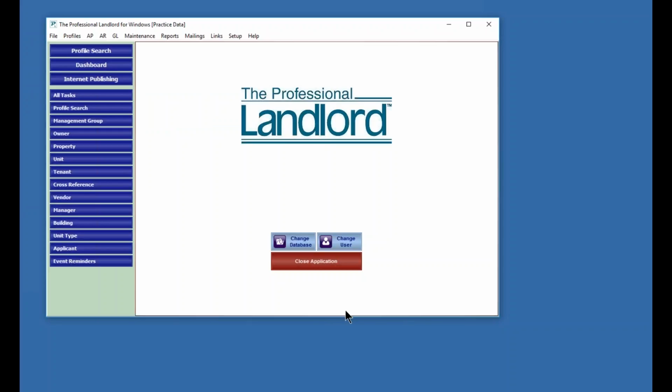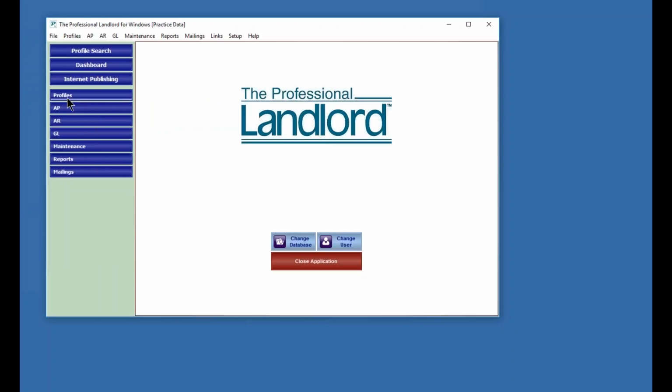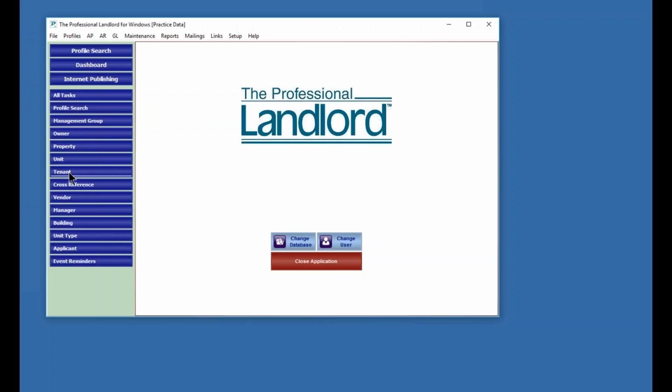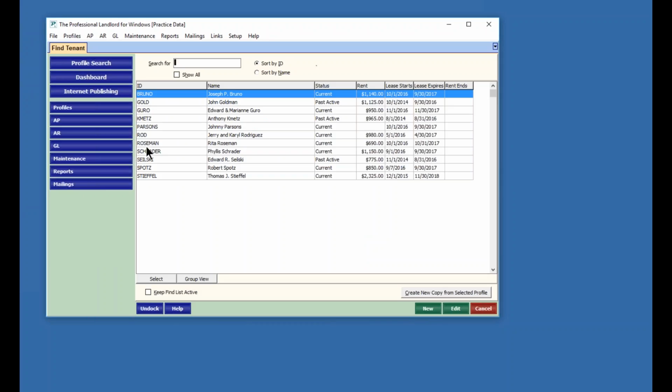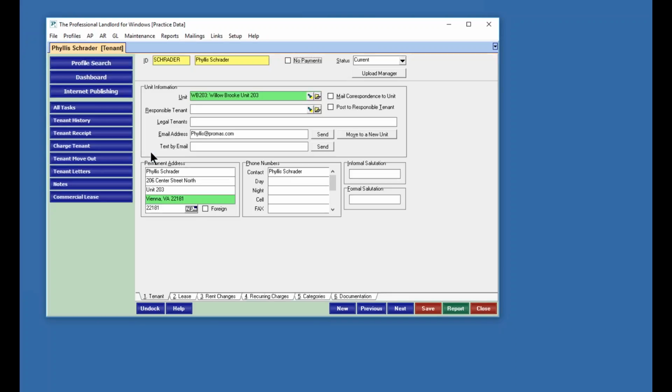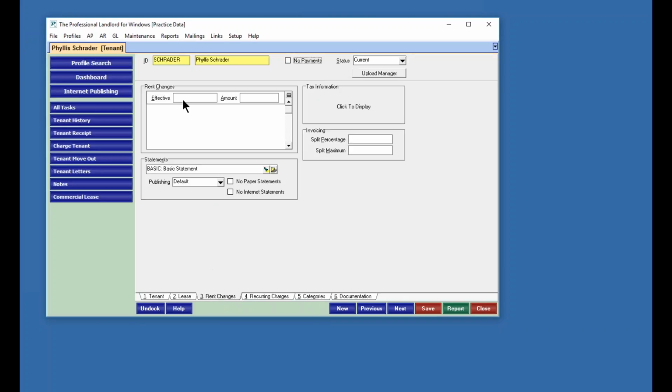Now, let's take the instance where there is no management fee. In that particular case, what you do then is you go to profiles, to the tenant profile, and the tenant is Schrader. And under the rent changes, what you would do is you would put effective on 10/1, the rent amount is going to be 0.